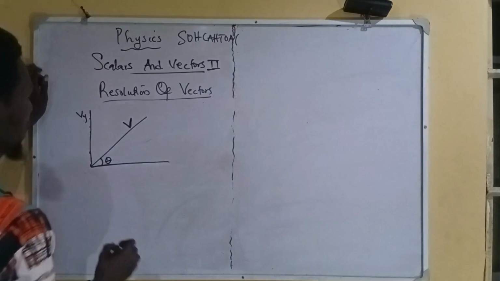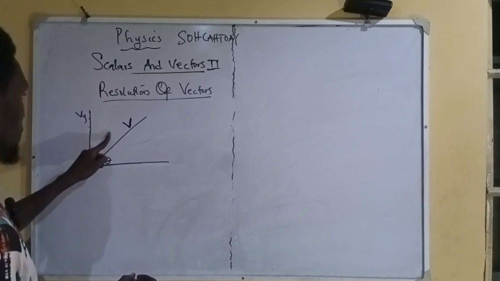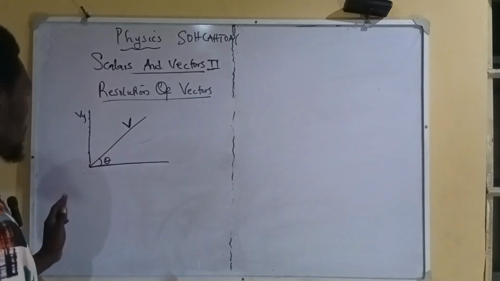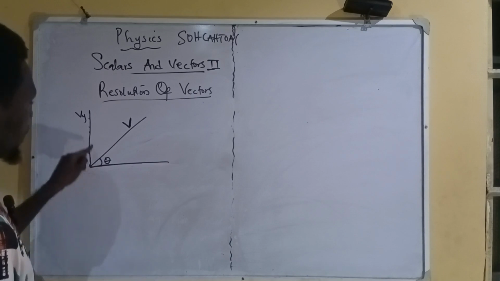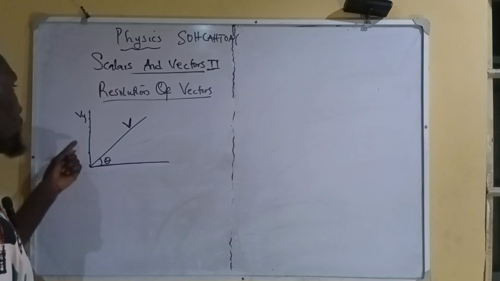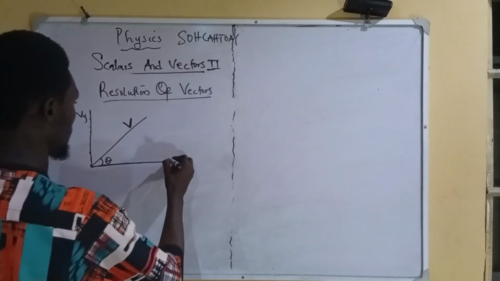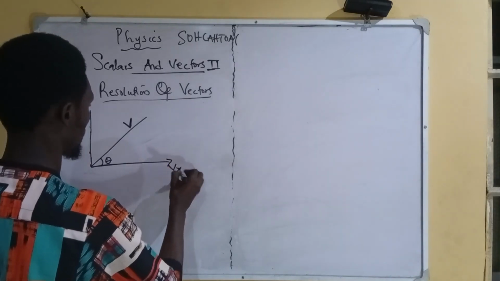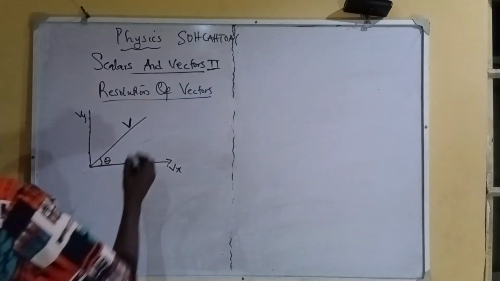We must know the angle of inclination of the vector we want to resolve, from the horizontal or even from the vertical, either one. So this is the vertical component and this is the horizontal component.